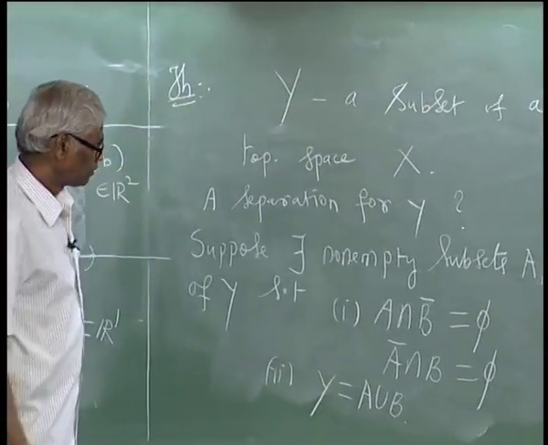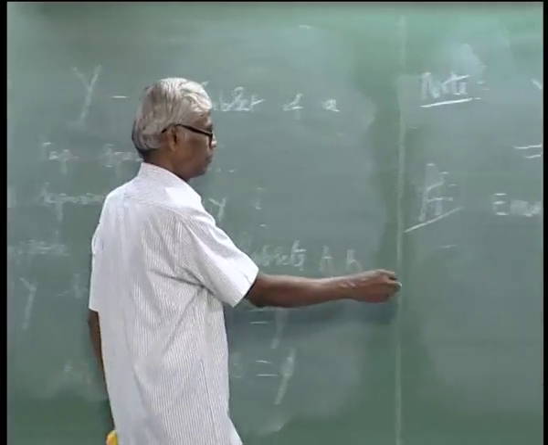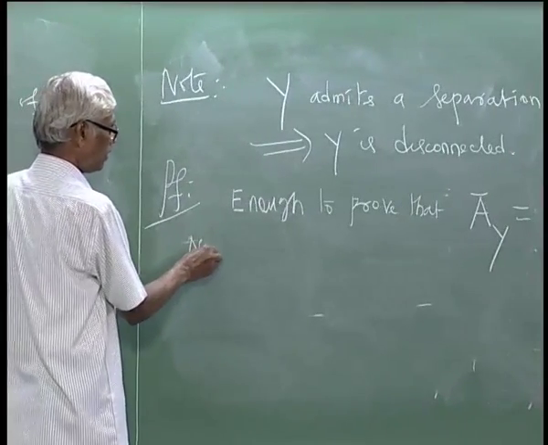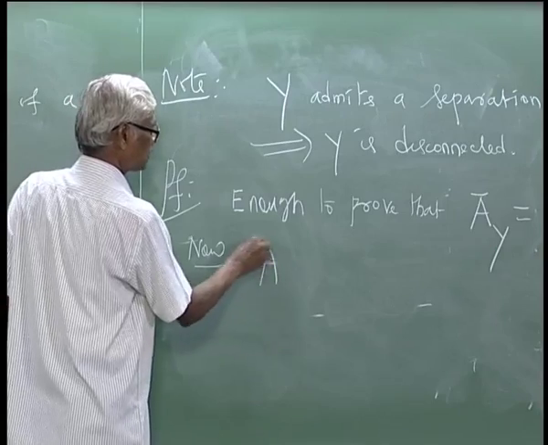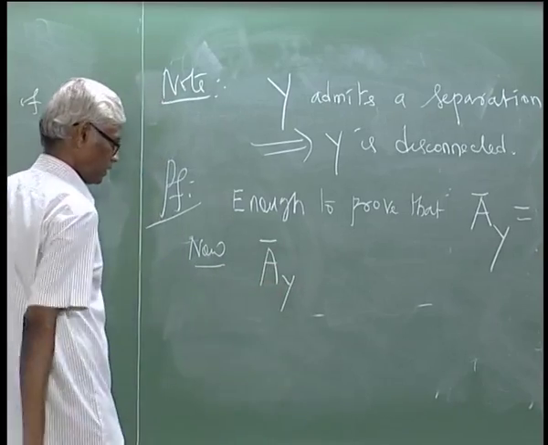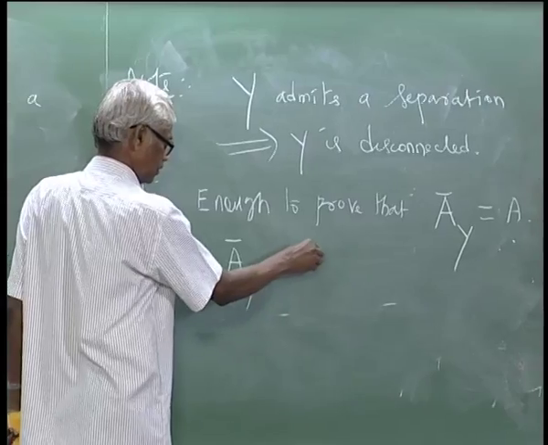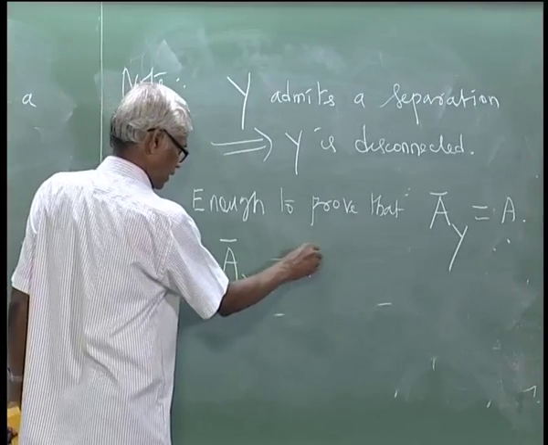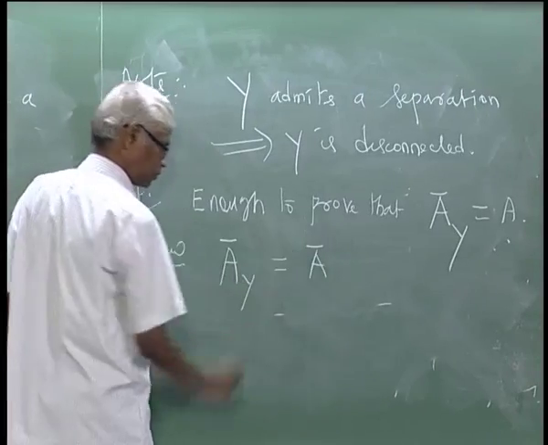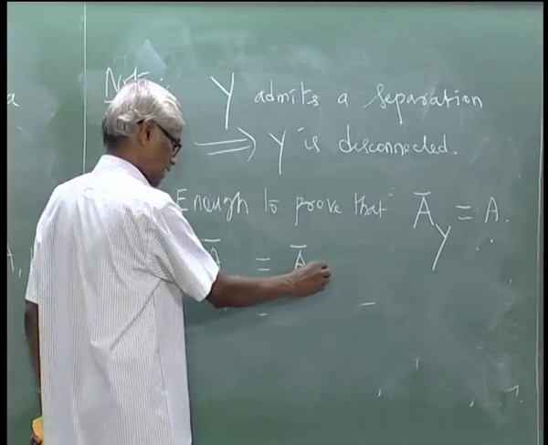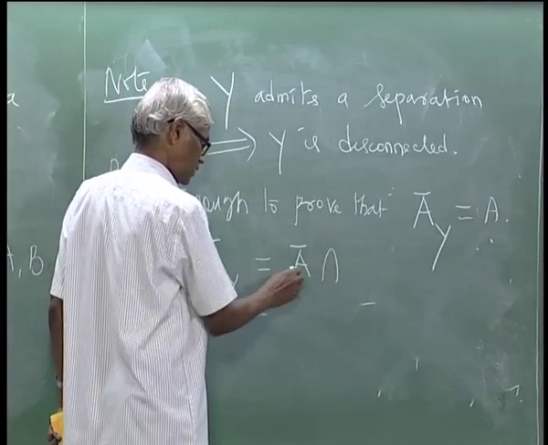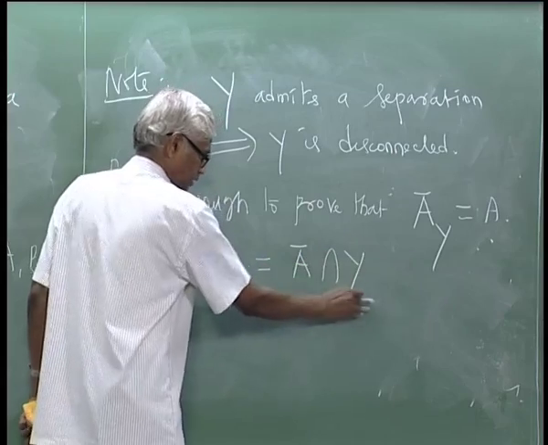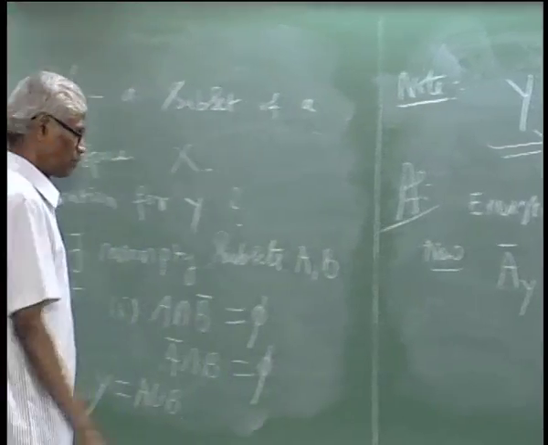So by definition, what is the closure with respect to Y? It is the same as the closure with respect to the whole space intersection Y. You just restrict it, this is easy to verify.